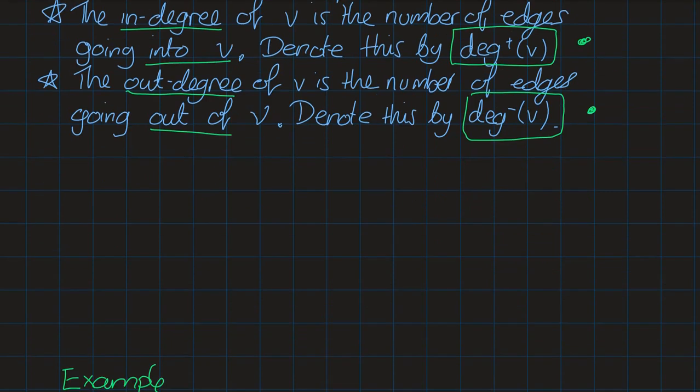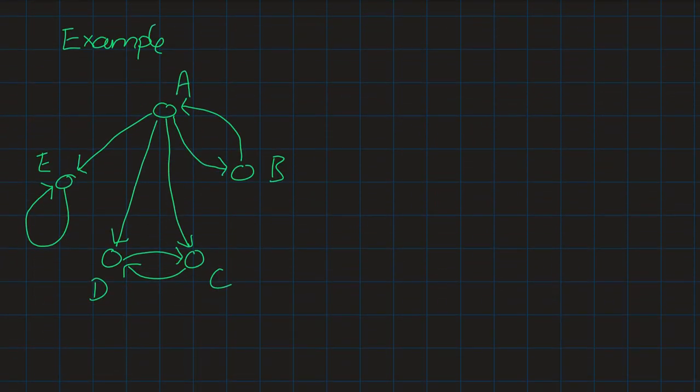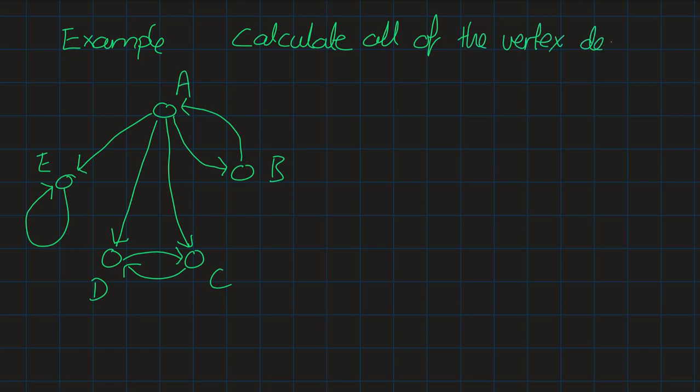So let's do an example. Here's some graph, okay? And the question is just to calculate all of the vertex degrees, all of the in and the outs. So let's begin with A. So I need to do two separate things here.